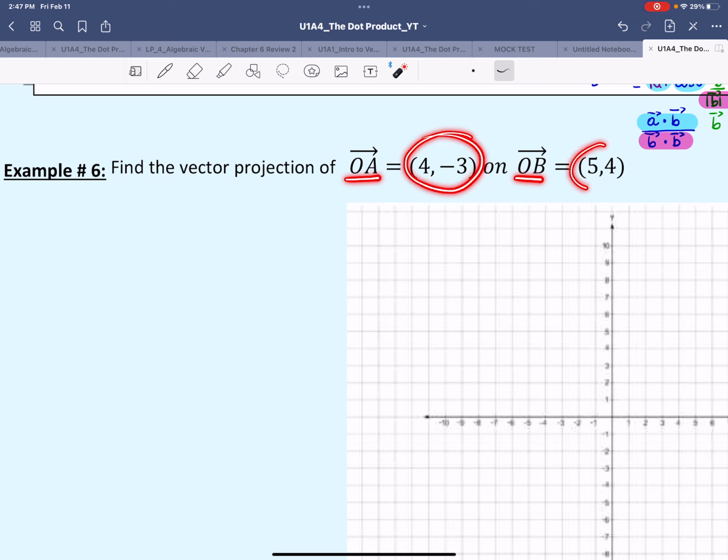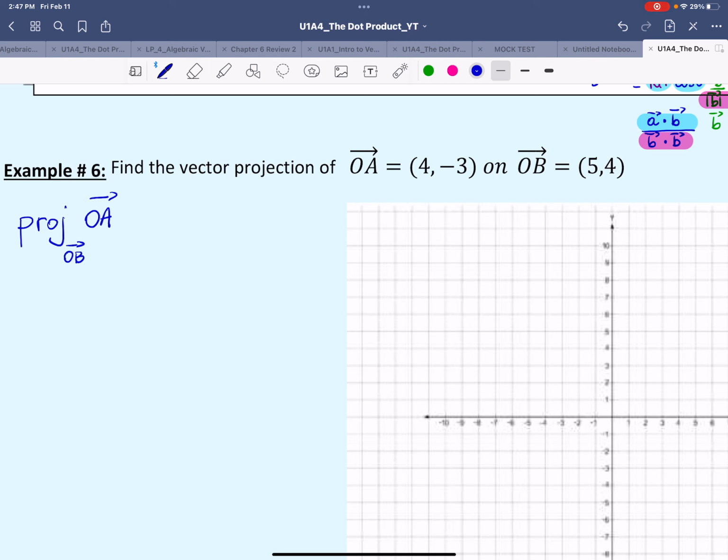There are two algebraic vectors, and we're going to say that if you want to find the projection of vector OA onto OB, OA will stay on top here, OB at the bottom of the word projection, that would equal the dot product of OA with OB divided by the dot product of the vector where we're projecting on with itself, OB dot OB, and then times the vector OB.